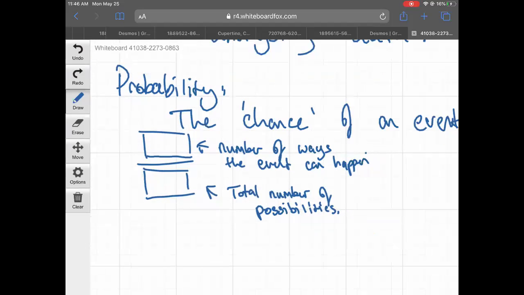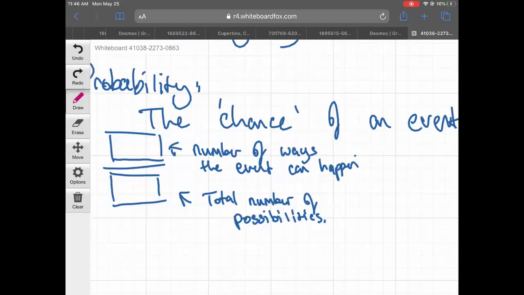So let's take a specific example of that. Let's think about rolling an even number on a dice. So if I roll a single die, there are 6 possibilities. How many of those possibilities would match the event of rolling an even number? Well, there are 3 even numbers on a dice. We've got 2, we've got 4, we've got 6.